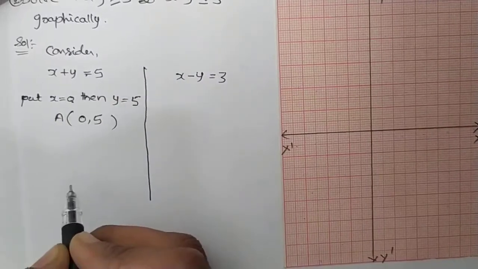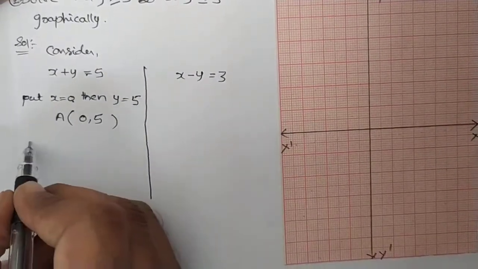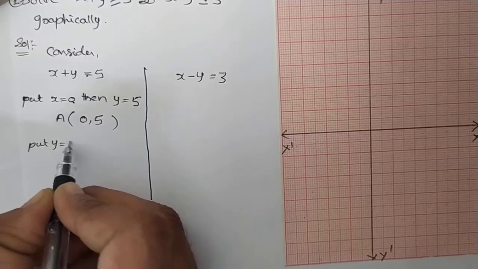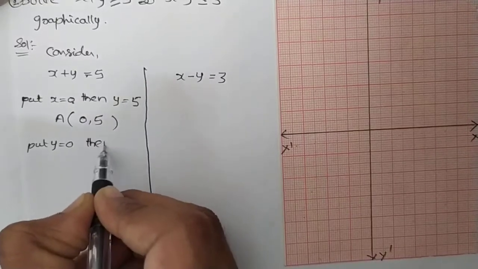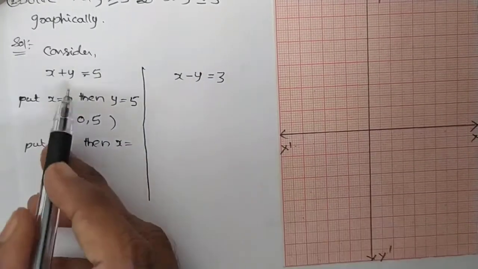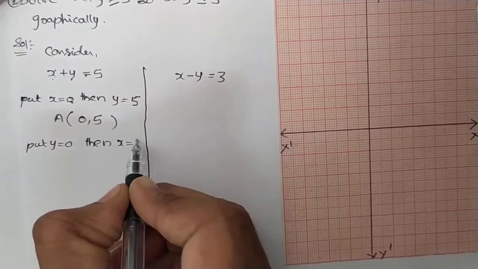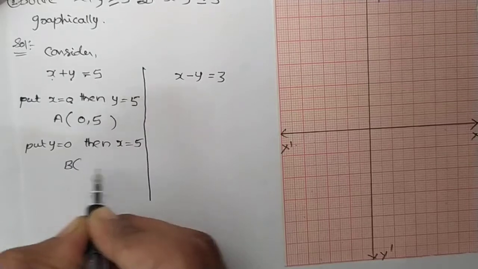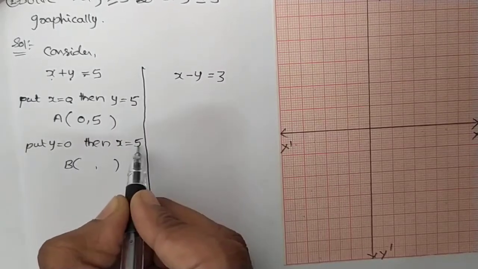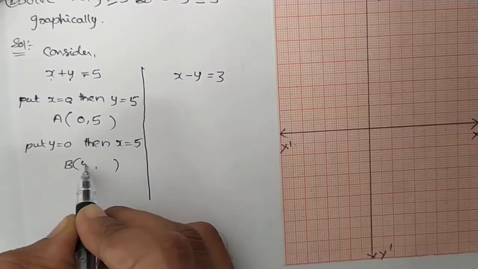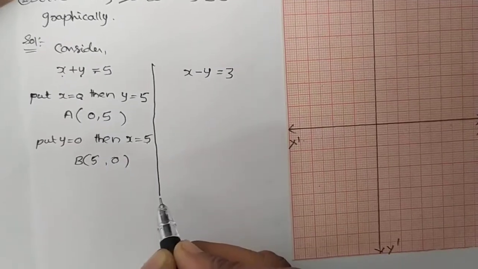Understand? Similarly, put y equals 0, then x equals what? In place of y, you put 0, then we will get x equals 5. Therefore, the point B will be x comma y, 5 comma 0.